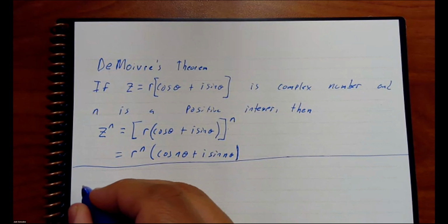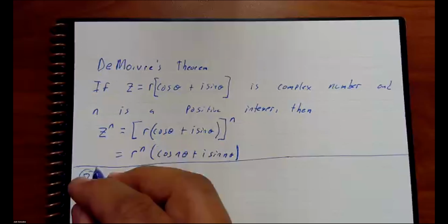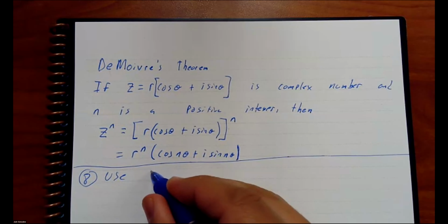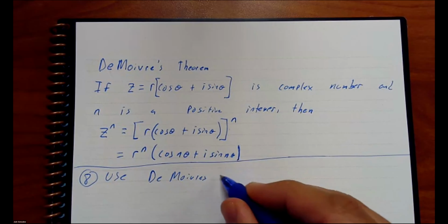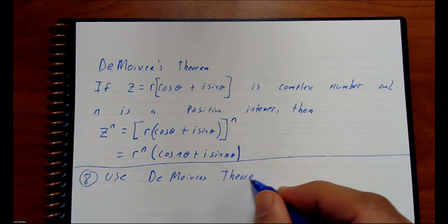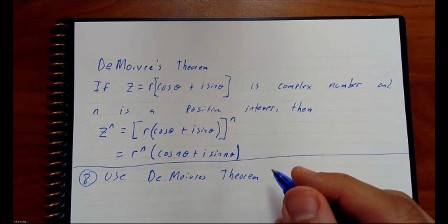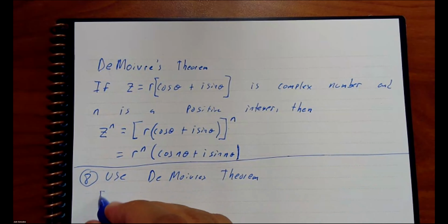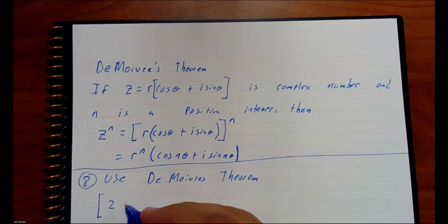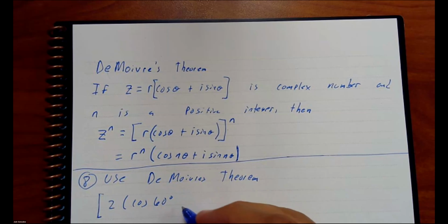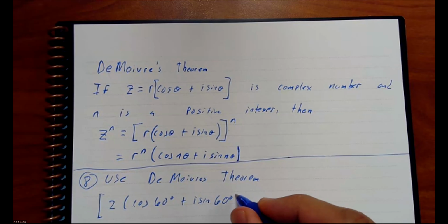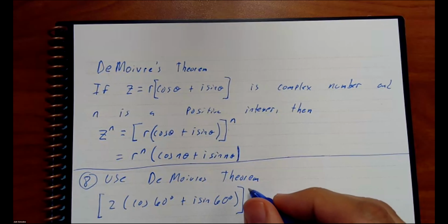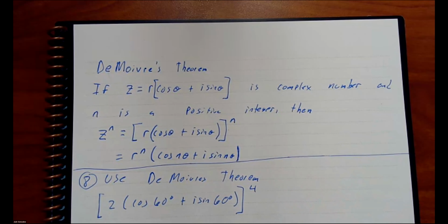So number 8. 2 times cosine of 60 degrees plus i sine of 60 degrees, the whole thing to the 4th.